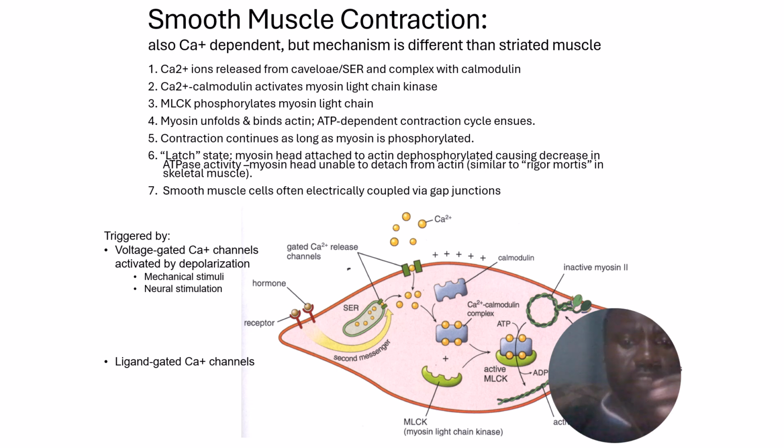So even the separation of the myosin from the actin takes slightly longer than in skeletal muscle. So the contractions here are longer and slightly stronger than skeletal muscle, and this has to be taken into consideration. This is very, very important.